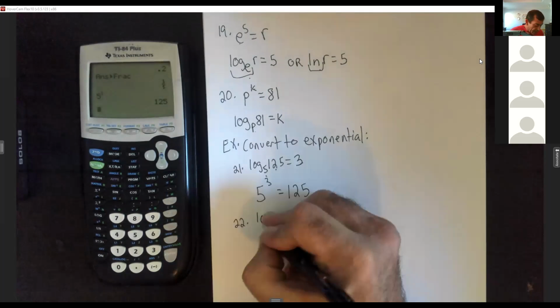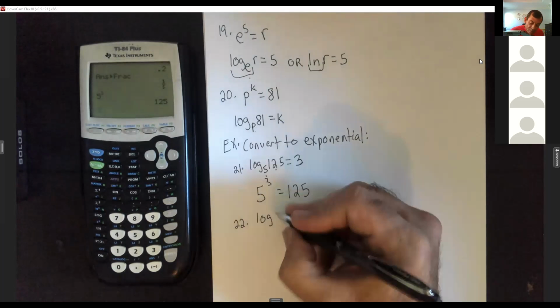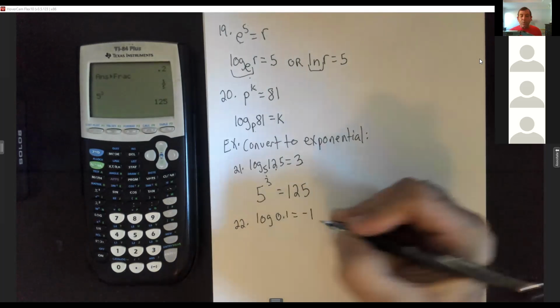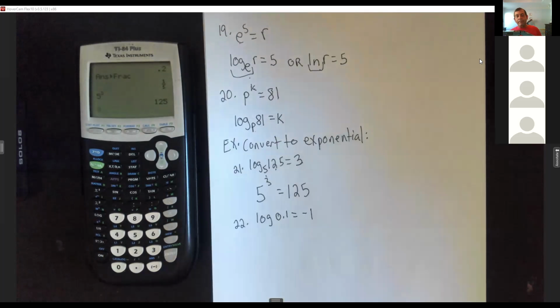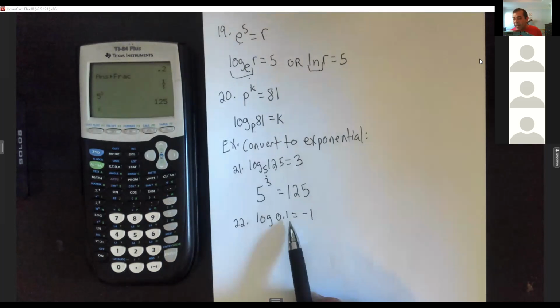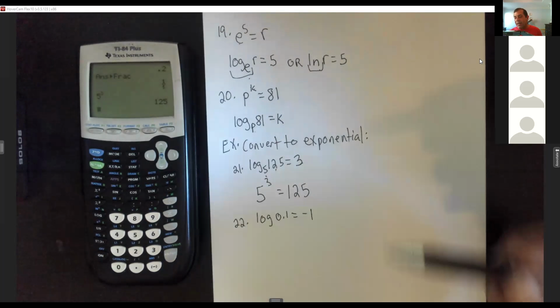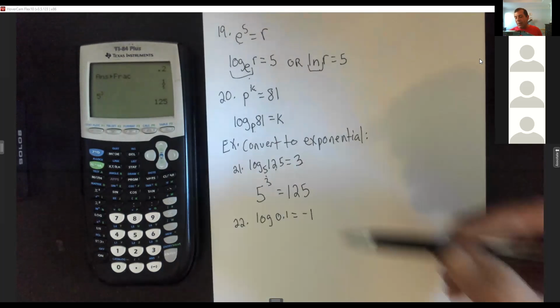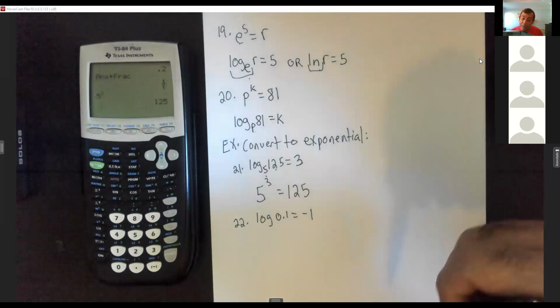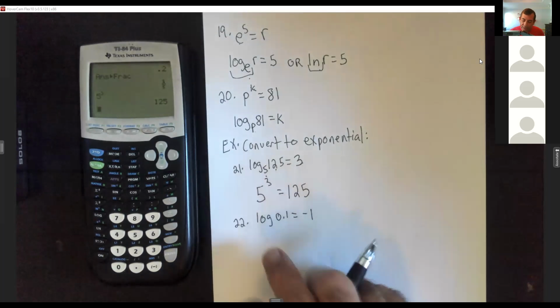Log of 0.1 equals -1. And remember, 0.1 is really a 1/10. So since you got 1 over 10, that's how you get that negative exponent, because when you pull that 10 up, that positive 1 becomes a -1. So let's see what we do.